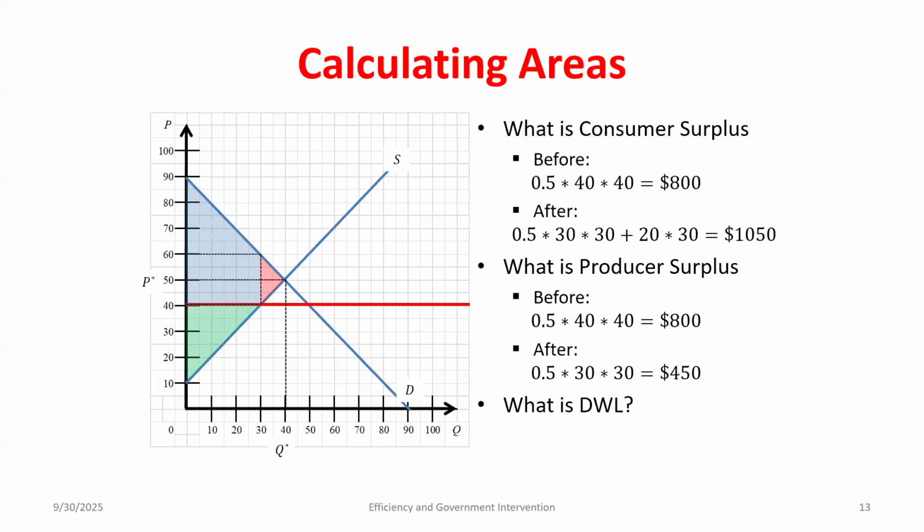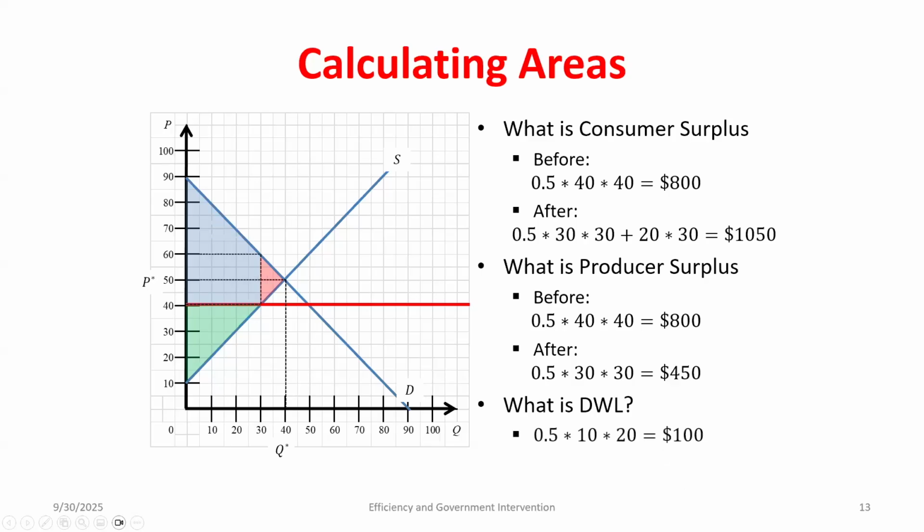So all those units that we're no longer seeing produced and consumed, we're losing all that surplus, right? So what is the total surplus? It's the area between supply and demand. So here I'm missing out on the surplus for every unit from 30 to 10. So it would really just be the area of this triangle. What's the height? 20, base is 10, 20 times 10 times a half would give me that value of 100.